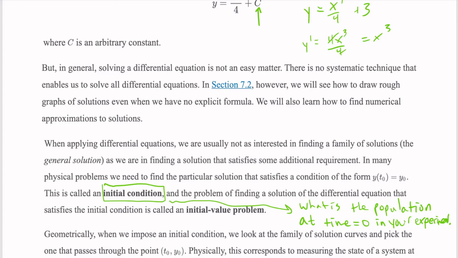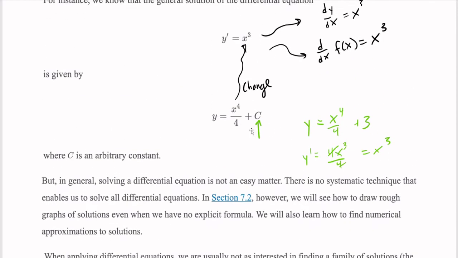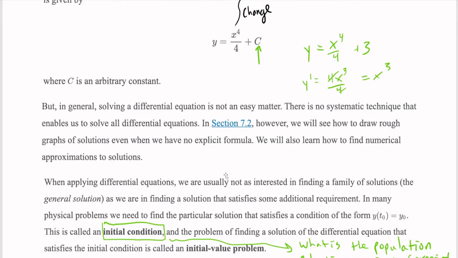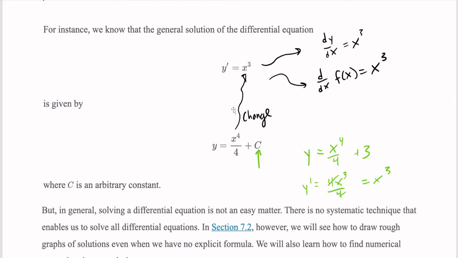It's an initial condition. I also know how the bacteria will grow. That's given by the differential equation. From the initial condition and the differential equation, I can solve for a function that will completely describe the bacteria as time passes.